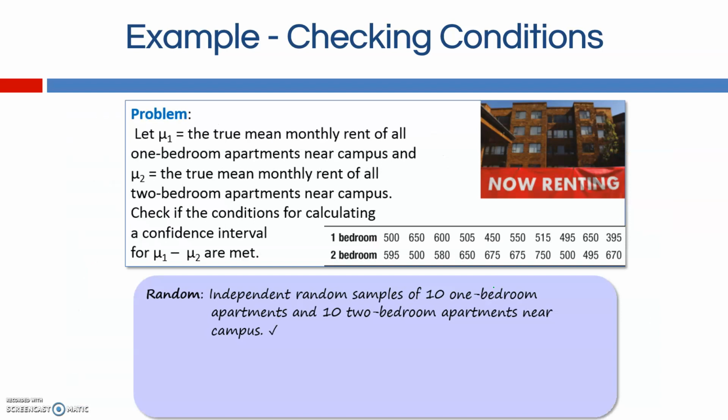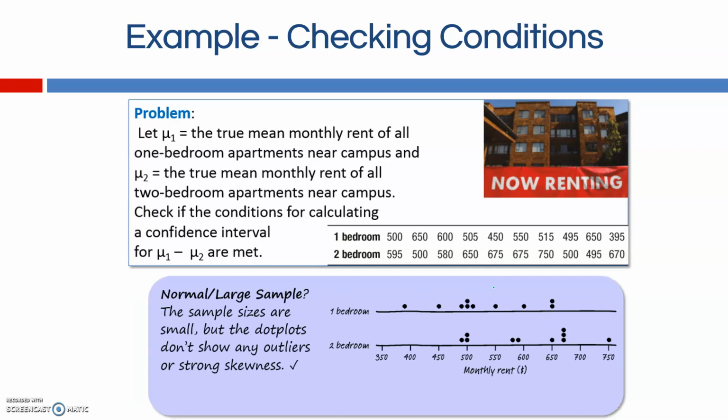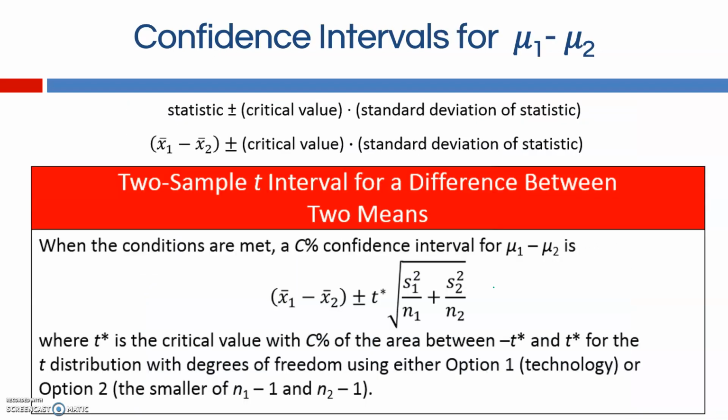All right, so this was a problem on checking conditions, but again, I'm not going to go over that. What I want us to do really is make the confidence interval. Now just put your calculator to the side for now, because here is our formula for the confidence interval for mu1 minus mu2.